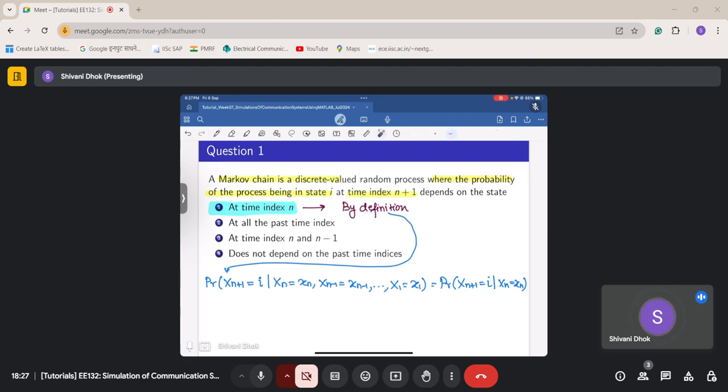So all the past values have nothing to do with whatever is happening at this particular instant. It only depends on the one previous instant. So this is by definition, and therefore the correct option is option 1.